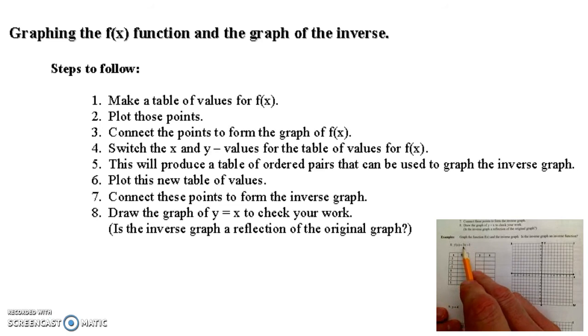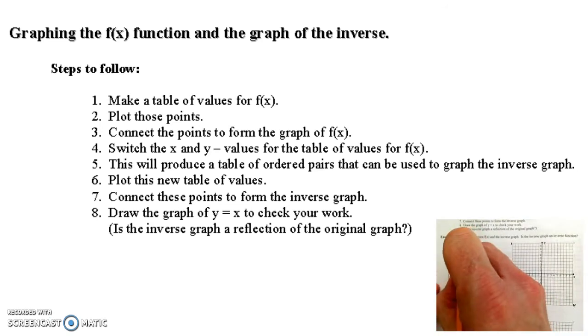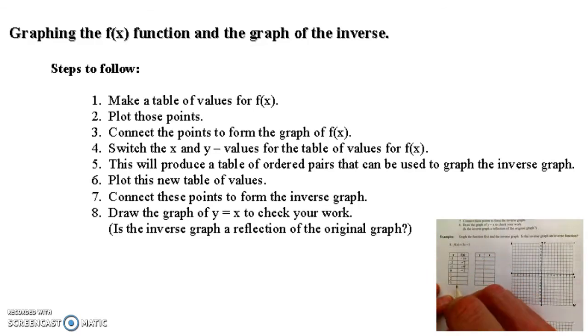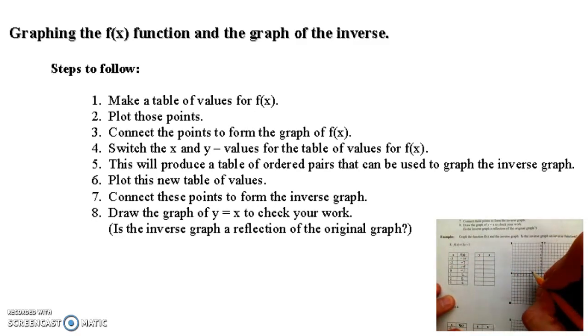Negative 3 times 3 is negative 9, minus 1 is negative 10. Negative 2 times 3 is negative 6, minus 1 is negative 7. Negative 1 times 3, negative 3, minus 1 will be negative 4. When 0 is in there, it's negative 1. 1 times 3 is 3, minus 1 equals 2. 2 times 3 is 6, minus 1 would be 5. And then when 3 is in there, this is 8. So negative 3, negative 10.